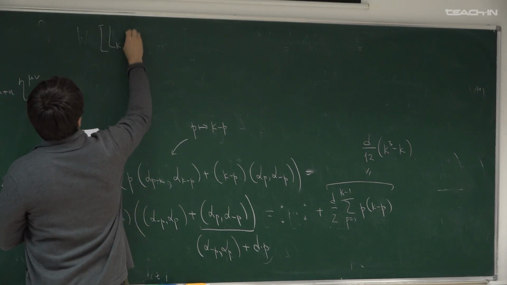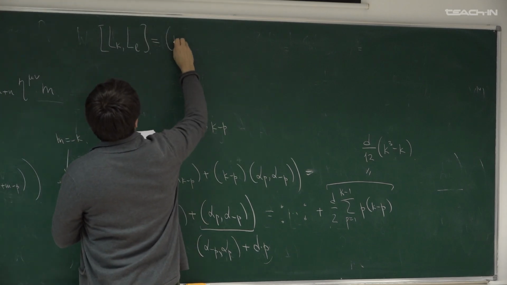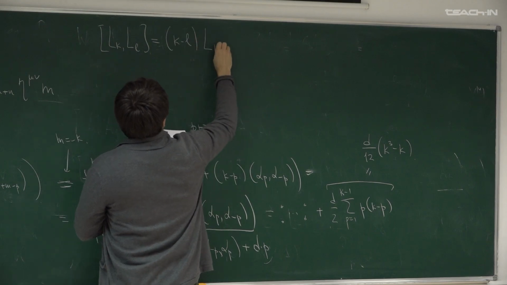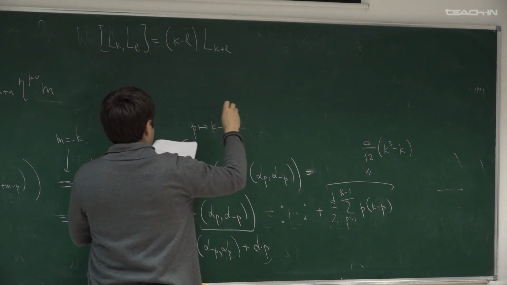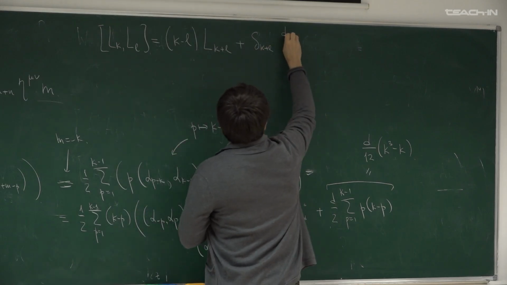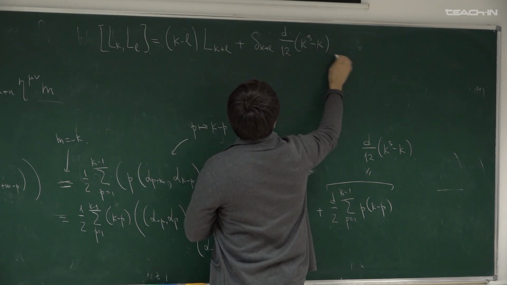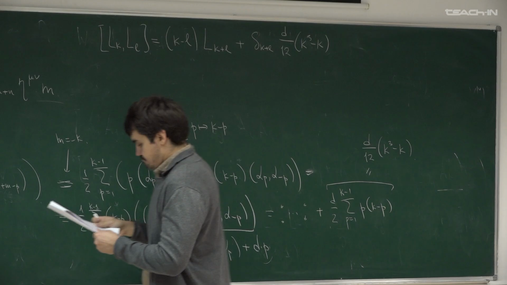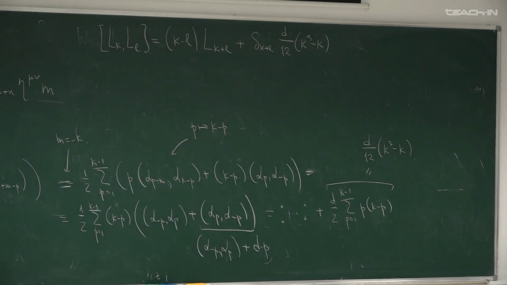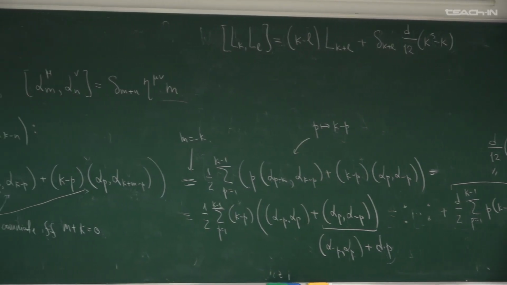The final quantum algebra is [L_k, L_l] = (k minus l) L_{k+l} plus delta_{k+l} d over 12 (k cubed minus k). The delta_{k+l} is there because this extra piece only arises when m is equal to minus k.